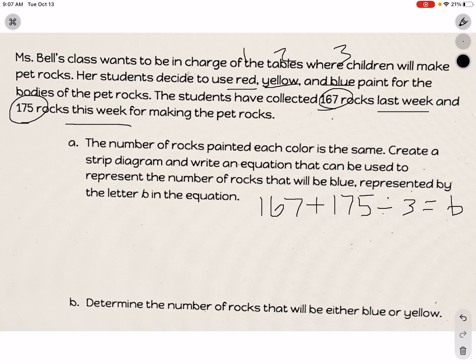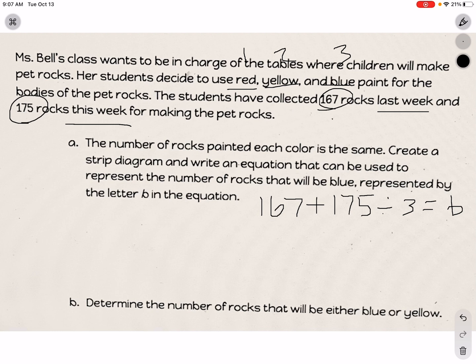We know that this could be B because we're going to paint each of the colors the same number of rocks. So it honestly doesn't matter whether you're talking about blue or yellow or red, because we're going to paint them all the same amount each color. So we would just divide by 3.